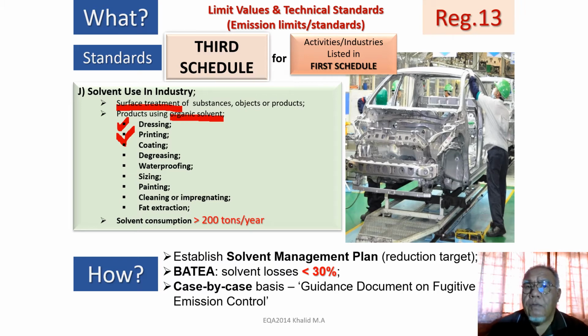And the mixing of ink also uses sets of solvent, and this industry does use a lot of solvent. If you have attended my class on hazardous waste minimization techniques, I think I showed you one case study in that module, done by a local university, to reduce the consumption of ink in the printing industry.